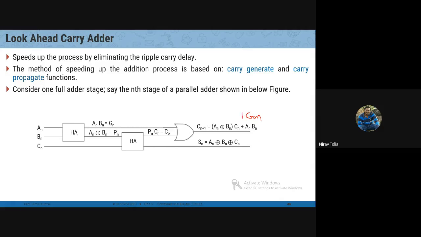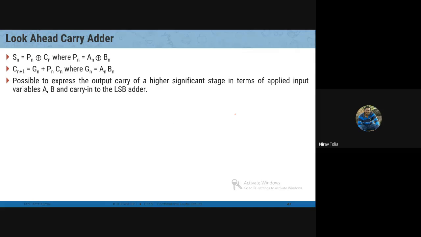This is my Gn, and this is Pn and Cn. So this is the equation of Sn and this is the equation of final carry. So this is the equation of final sum, this is the equation of final carry.